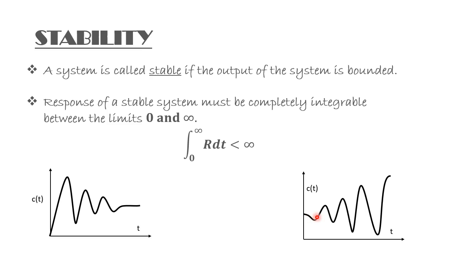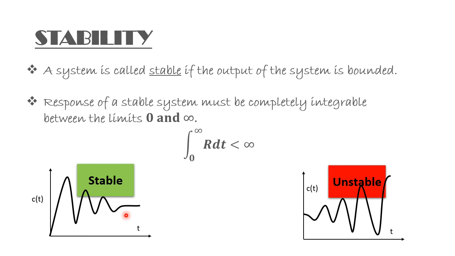Let's see, this was the point, and the response with time is moving away, and it is going up to infinity. So the first one will be called a stable system, and this one will be called unstable, because the response is not being settled to a point, and in this case the response is being settled to a point. Okay, so I hope this thing about stability is clear to you.